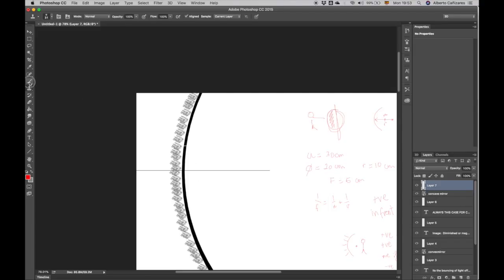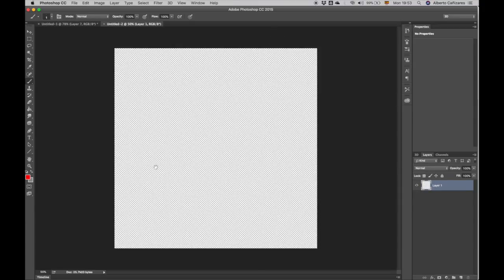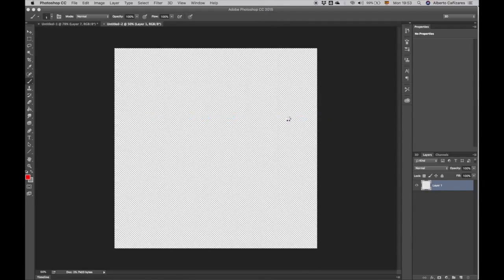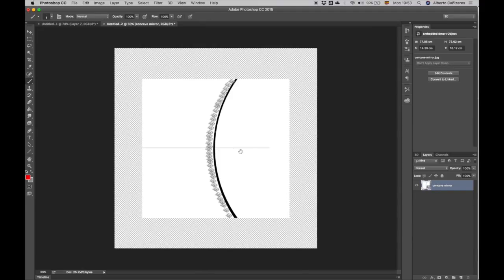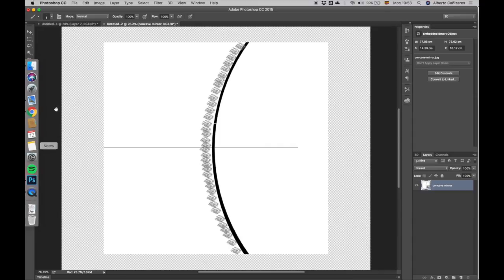Let me open a new page, make this smaller. Concave mirror. Yeah, this one. Perfect. Okay, so they put these very close to your tooth, right?